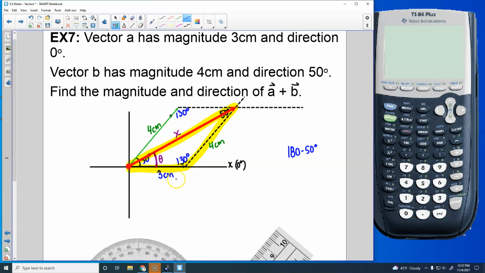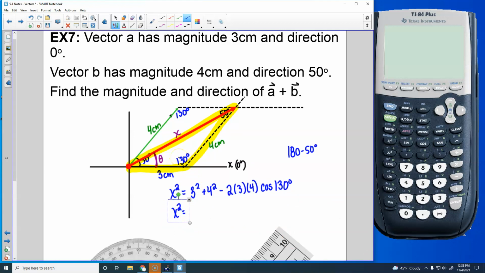So law of cosines is going to tell us that x squared is going to equal 3 squared plus 4 squared minus 2 times 3 times 4 cosine of 130. That's the measure of this angle right here.